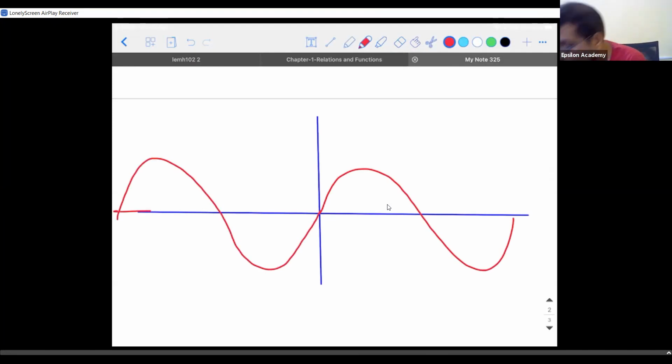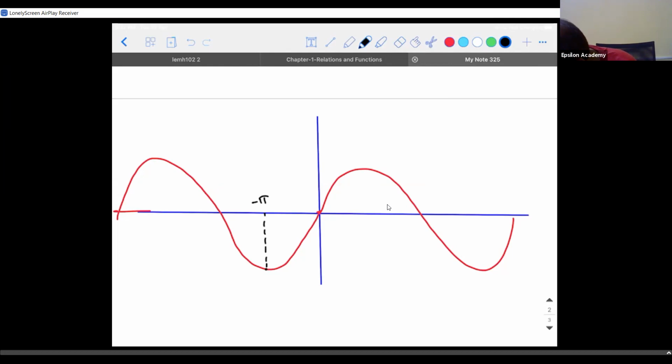If I do a horizontal line test, yes, the test is failing. But I can make it a one-to-one function by selecting a particular range of this graph. Means I'm going to create a restriction in its domain like this. Observe, okay?